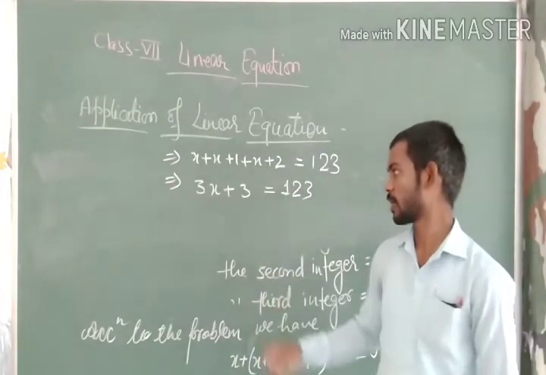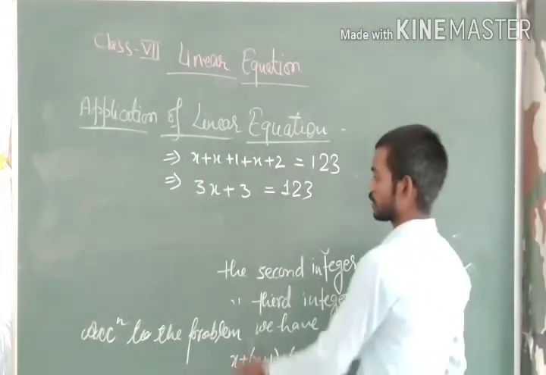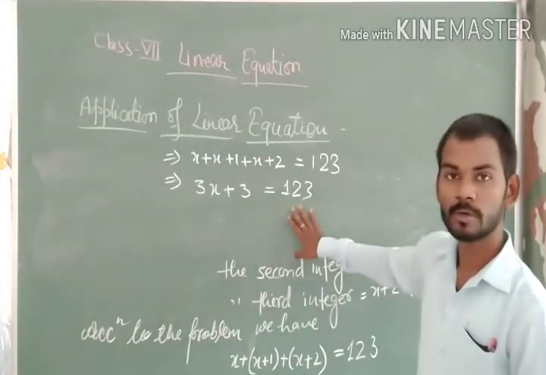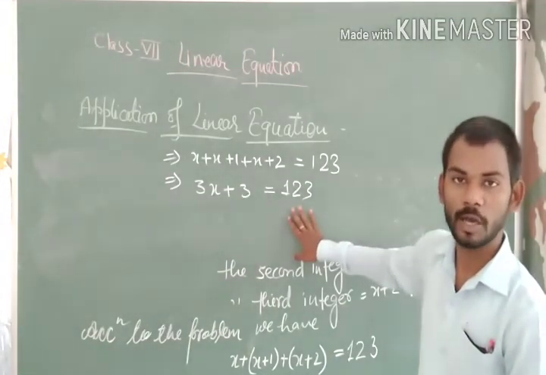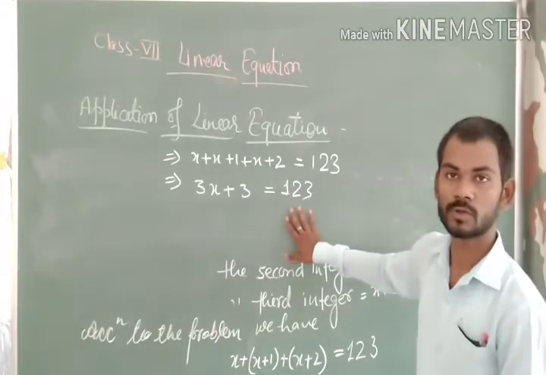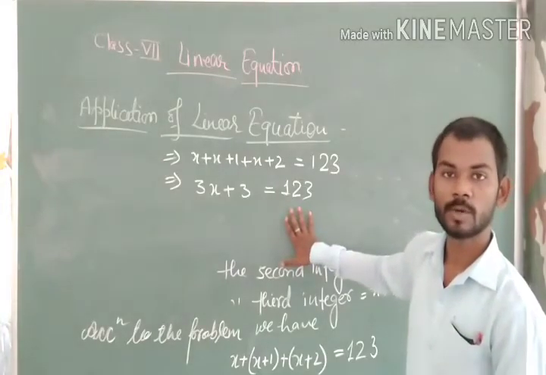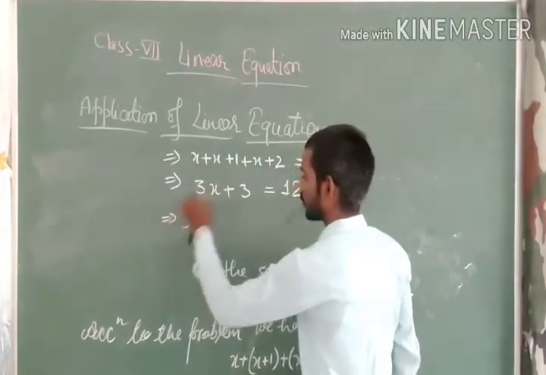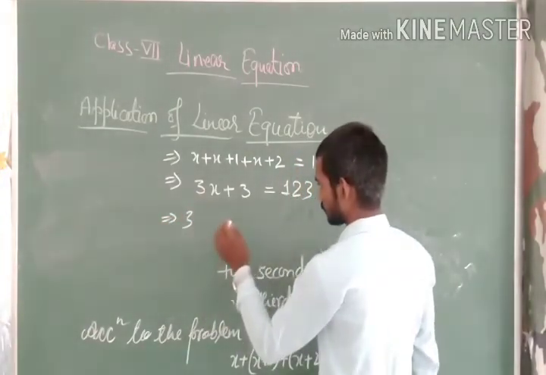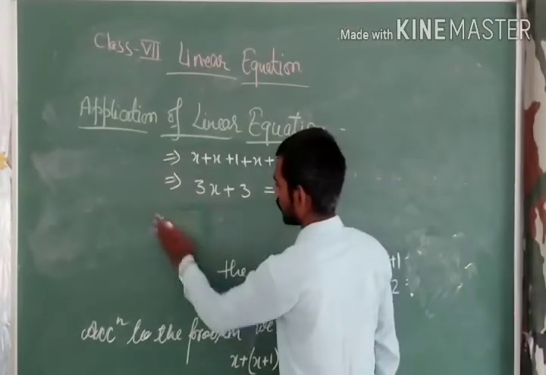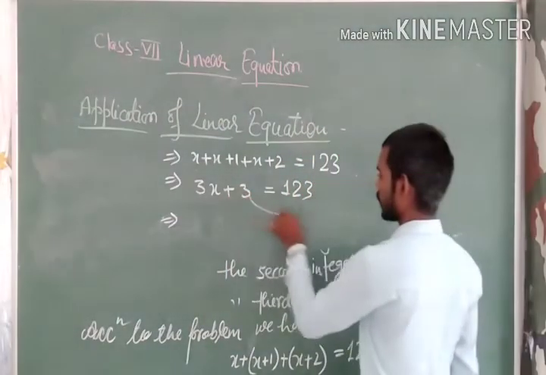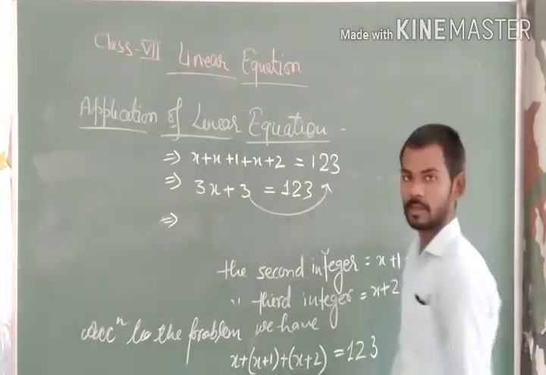Now let's solve it. First, here we can see that each term is a multiple of 3, so we can take 3 common. We get 3(x + 1) is equal to 123. Then leave this and now transpose 3 to the right side.